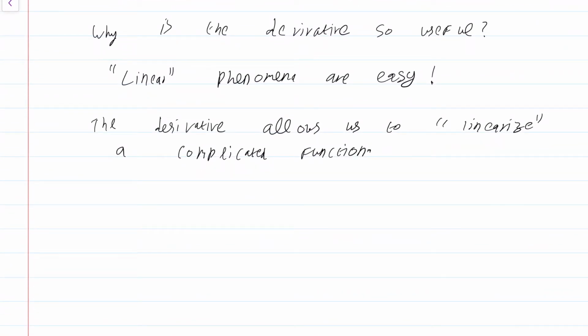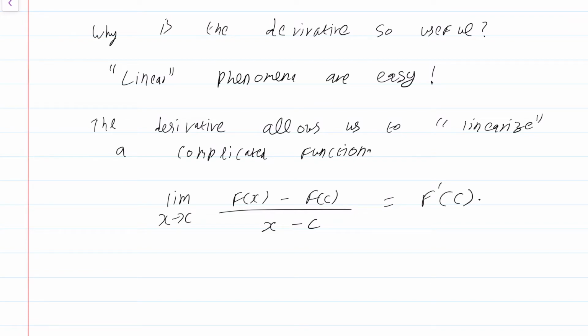It's the limit as x goes to c of f of x minus f of c by x minus c. This is nothing but f prime of c, right? Note that this f prime of c is just a real number. Now what I'm going to do is forget this limit.